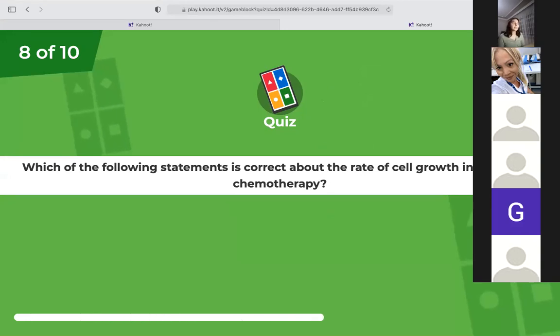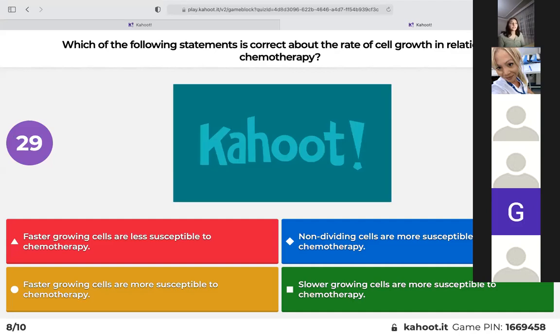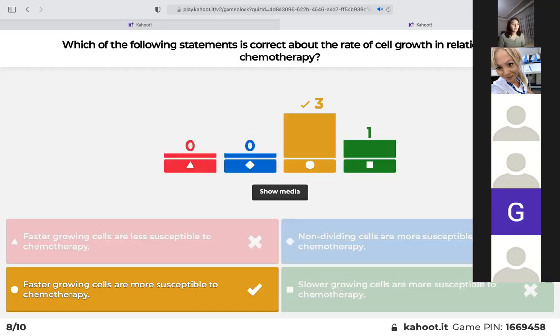Which of the following statements is correct about the rate of cell growth in relation to chemotherapy? Faster growing cells are more susceptible to chemotherapy.